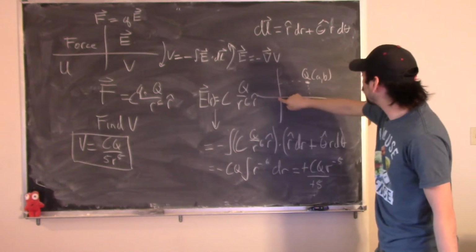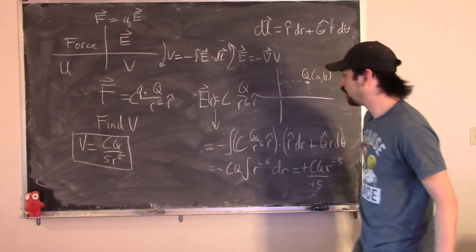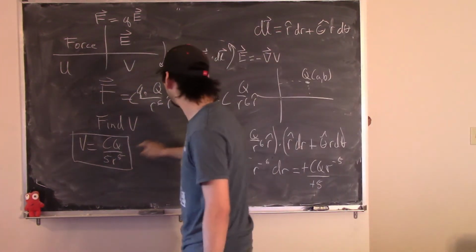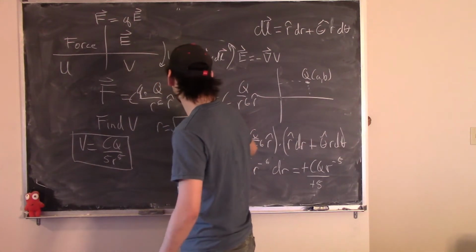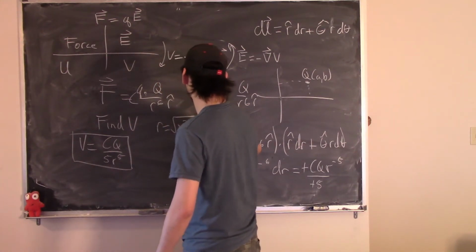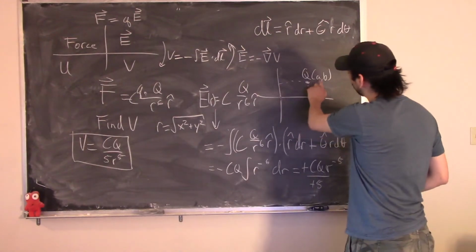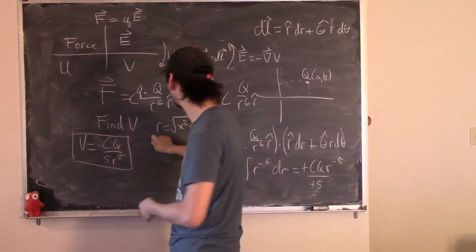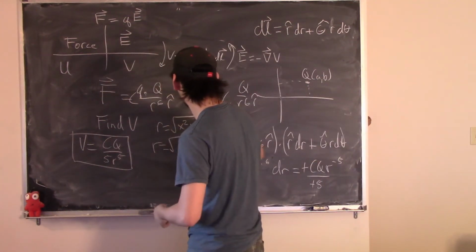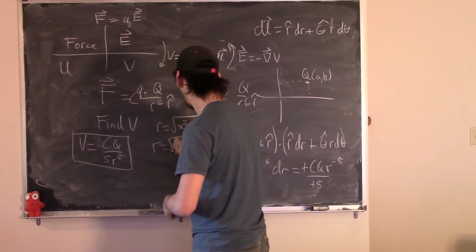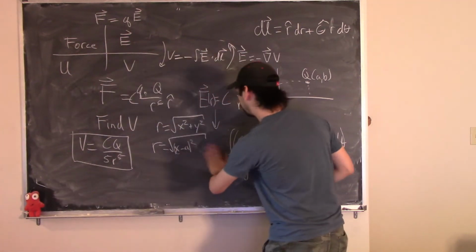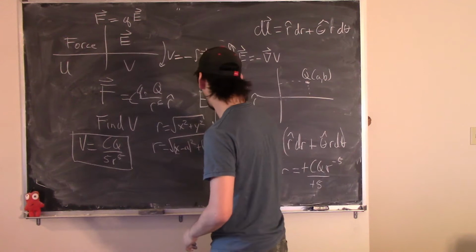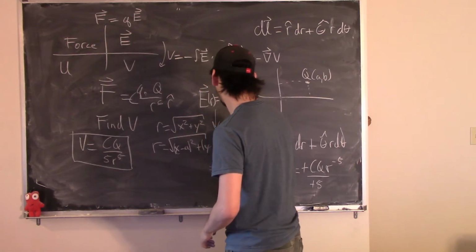If we move this charge from here to here, we know that for this function as it's written, r is equal to the square root of x squared plus y squared. But shifting this to the point (a, b) changes this, so r is equal to the square root of (x minus a) quantity squared plus (y minus b) quantity squared.